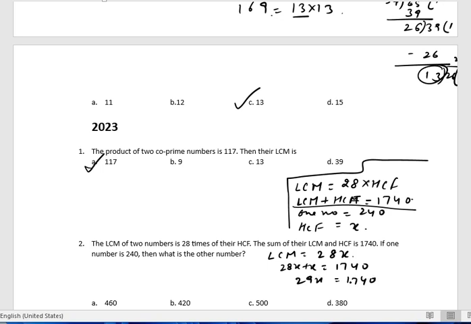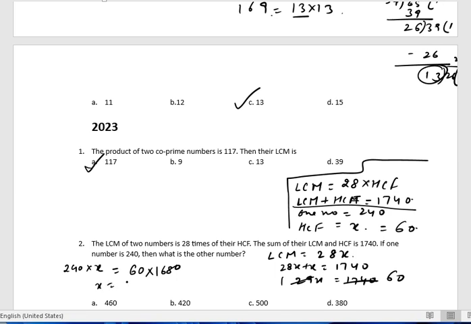When you divide by 29, 29 ones are 29, 29 60s are 1740. So the value of HCF equals 60. Now we know the product of two numbers. One number is 240, the other we have to find, and 60 is the HCF, and LCM will be 60 into 28, so it will be 1680.